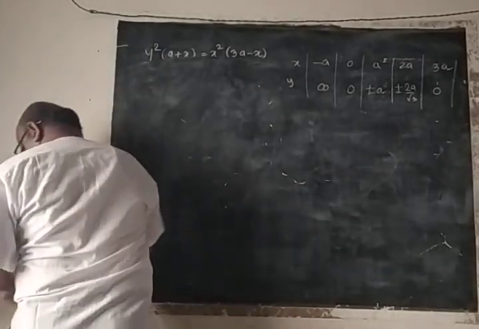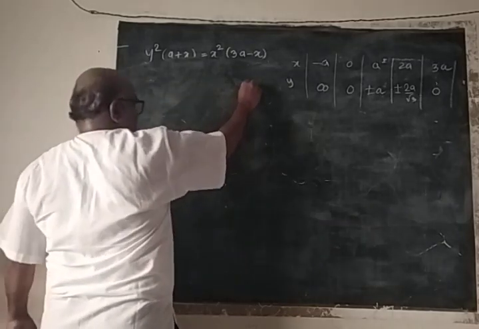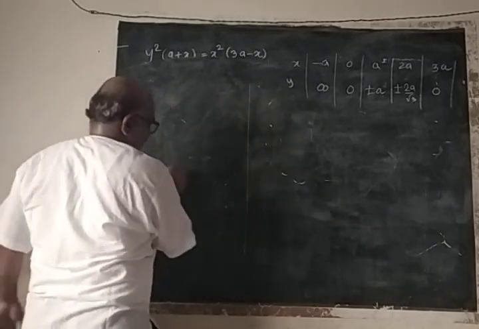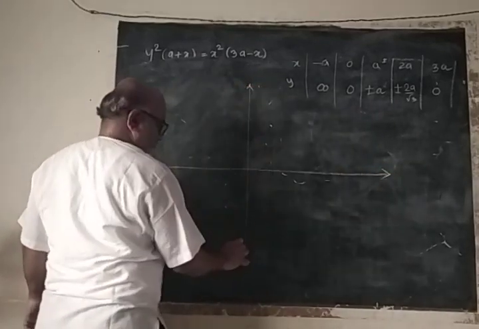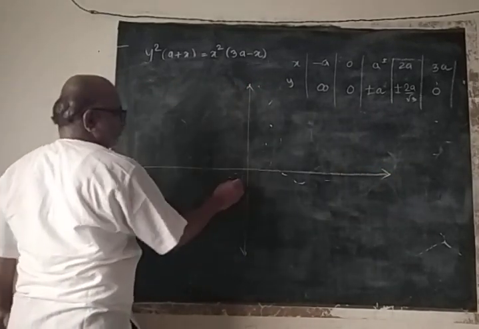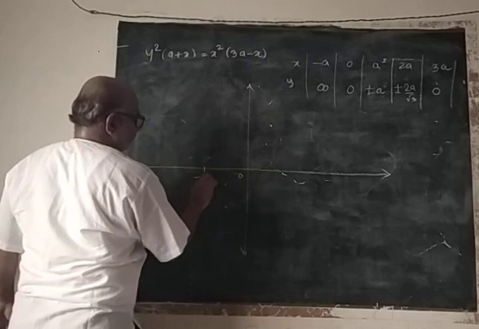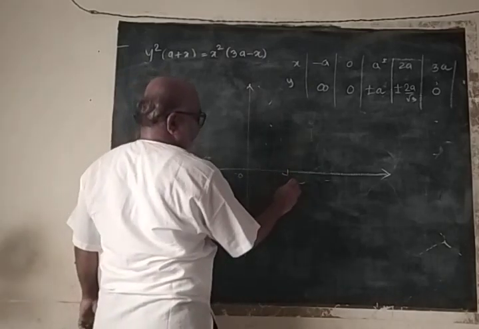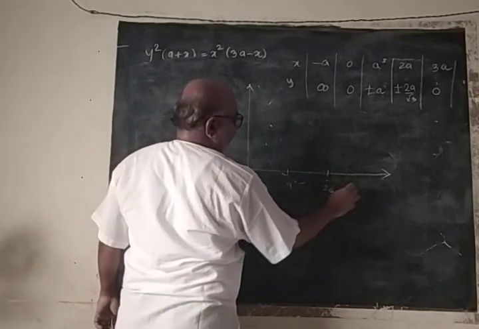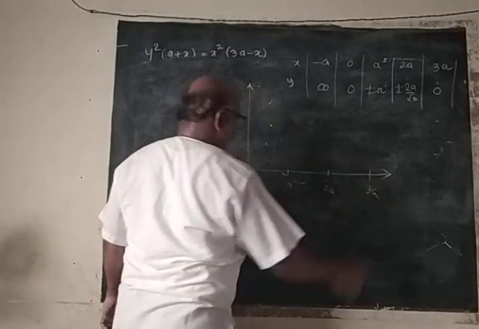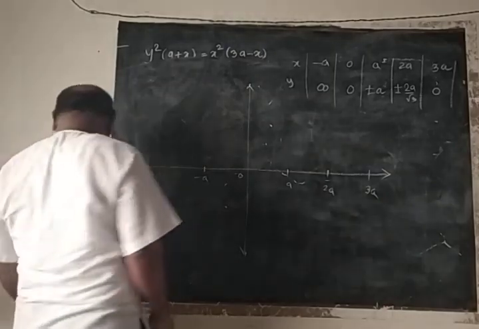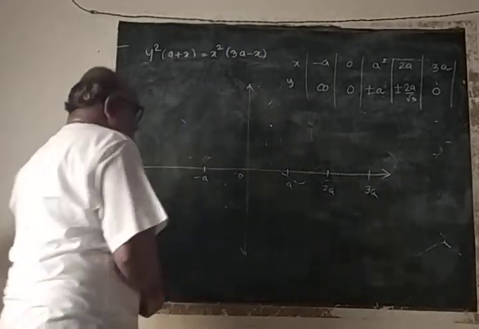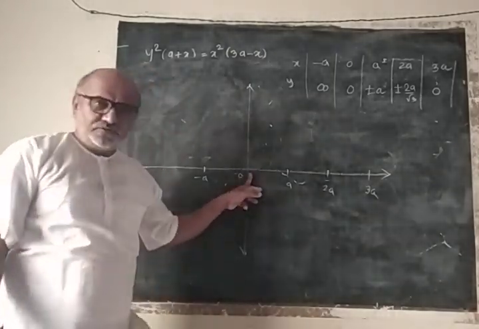Now how is it? Suppose this is the origin, minus a, 2a and 3a. You can see that the curve passes through origin, and the origin is a node.